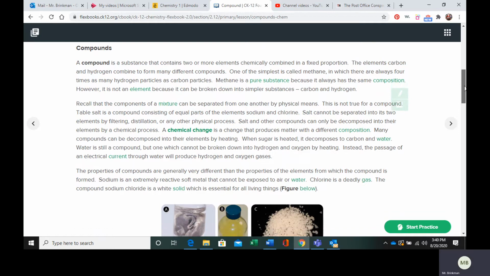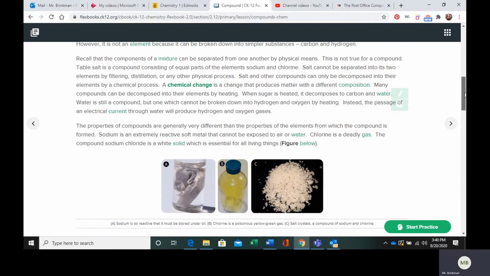The components of a mixture can be separated by physical means, but compounds cannot be broken down by a physical process. They can be decomposed into their different elements by a chemical process.